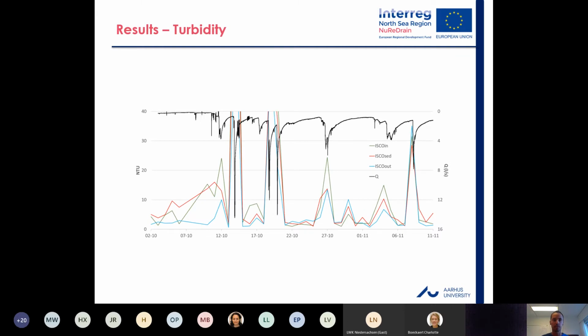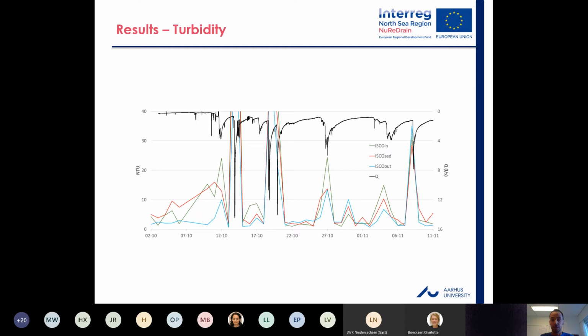And here are the results for the turbidity, measured in NTU over the same time period. We can see, first of all, the highest turbidity during intense runoff events, so during high peak flow.